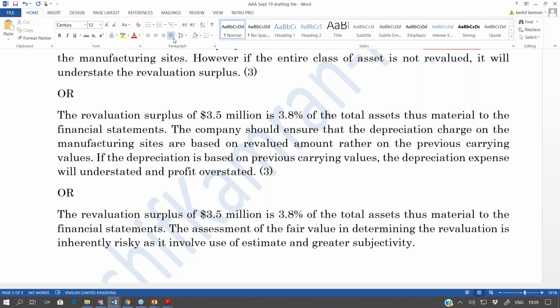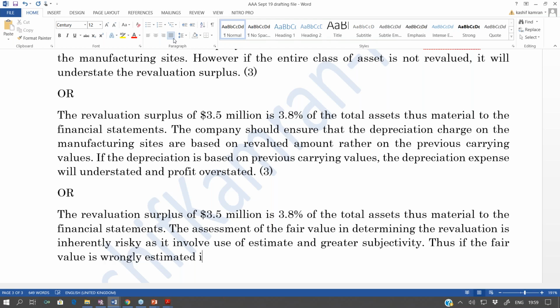Anything where there is an estimate increases the risk. So thus, if the fair value is wrongly estimated, it could under or overstate the revaluation surplus. Now we were not sure, right? So we say it could under or overstate the revaluation surplus. Bracket close, 3 marks.